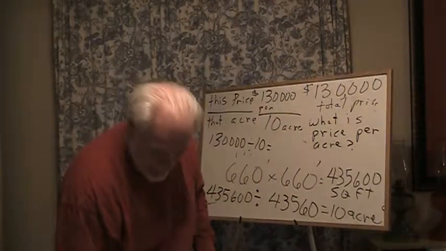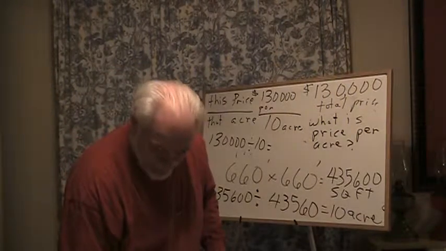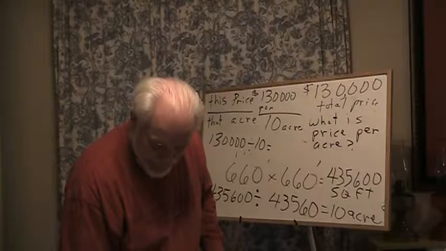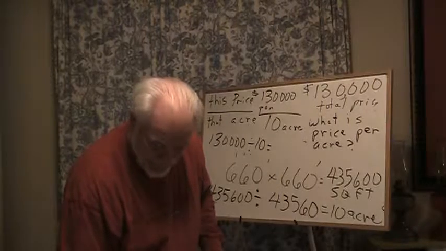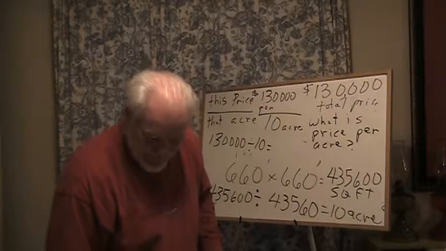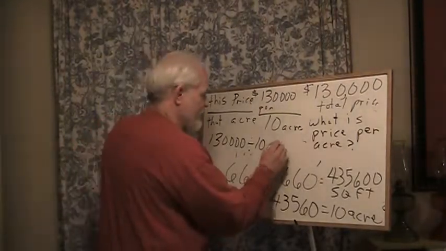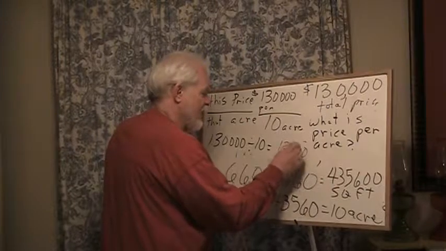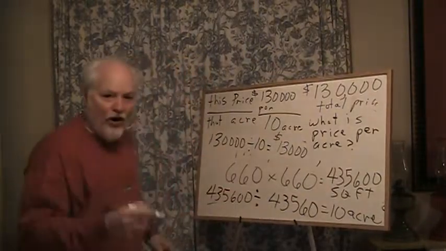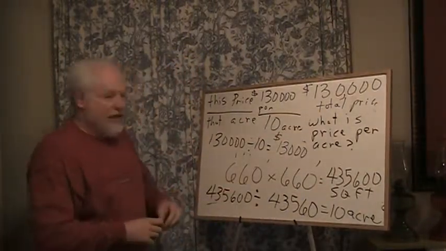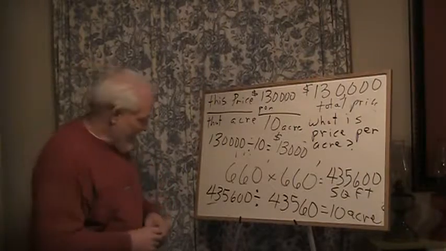Choose a calculator. 130,000, 4 zeros, divided by 10, and my calculator says it's 13,000 per acre.